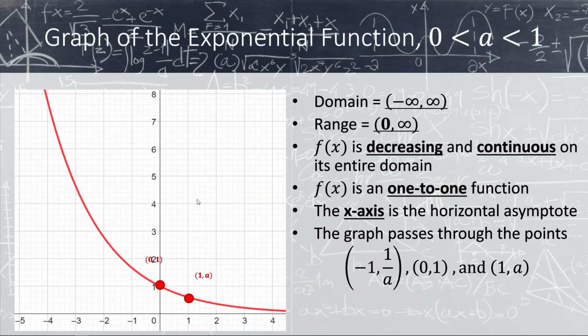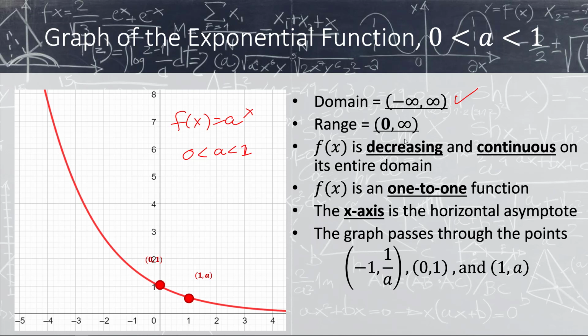Here we have the graph of f of x for the case where a is between 0 and 1. So once again, f of x is equal to a raised to the x power. However, now a is less than 1. The domain is still the same.